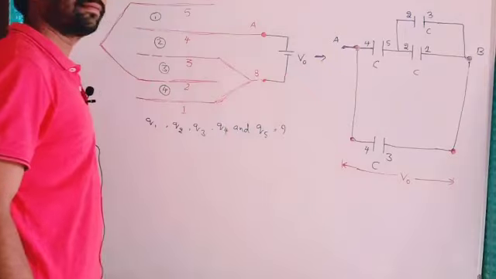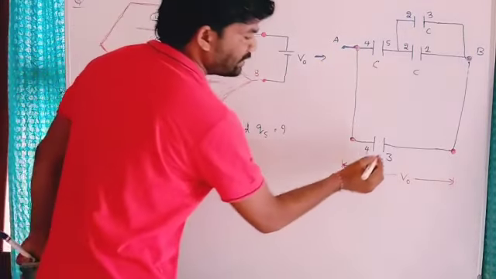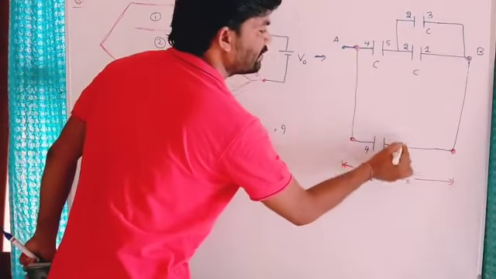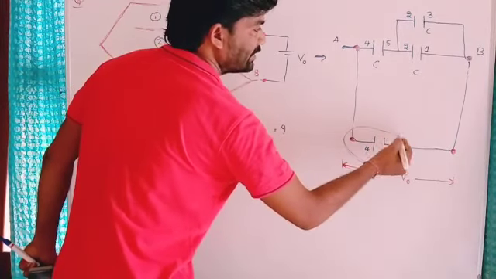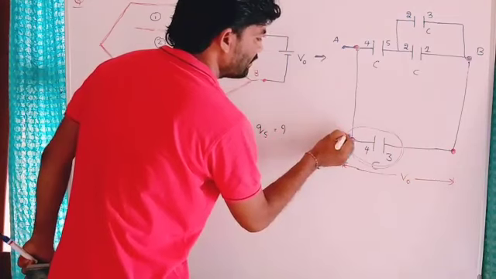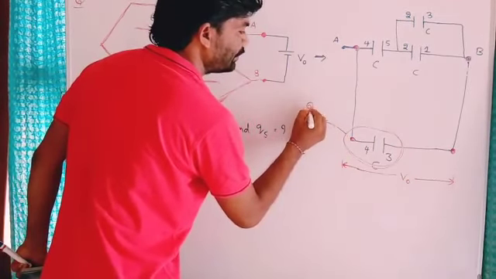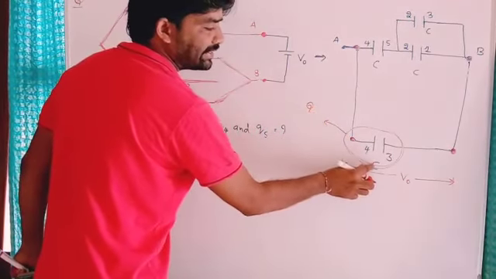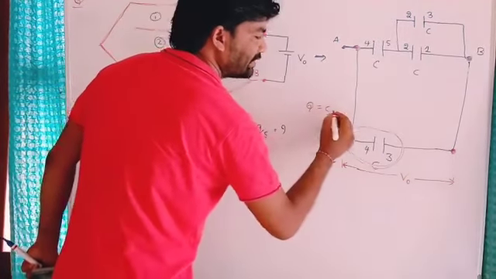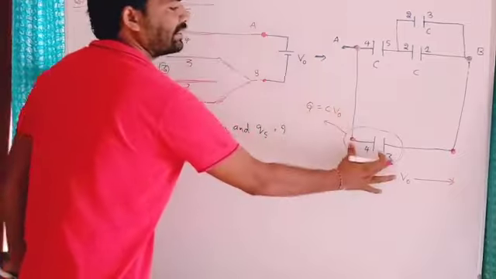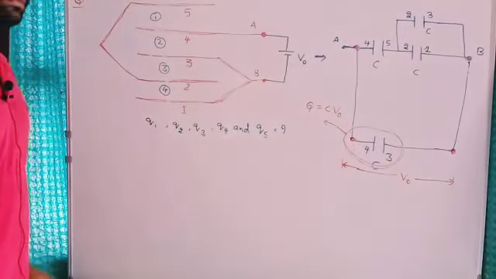Now you can write the charge on this capacitor directly. What is the charge on this capacitor? Q equals CV, capacitance C and potential difference V0. Charge on this capacitor is CV0.